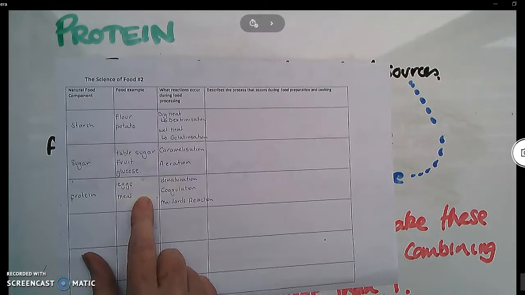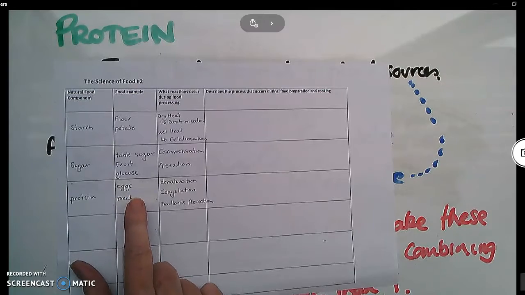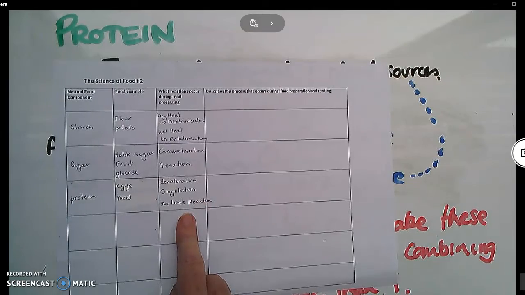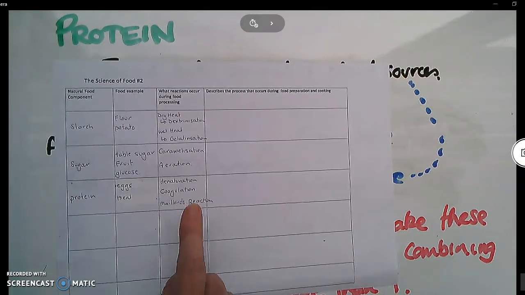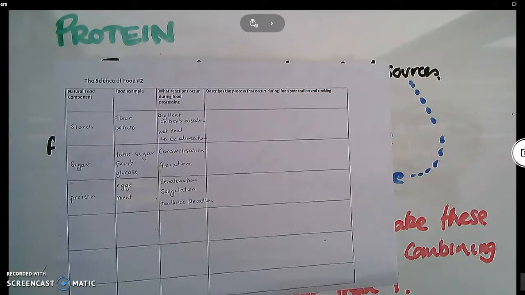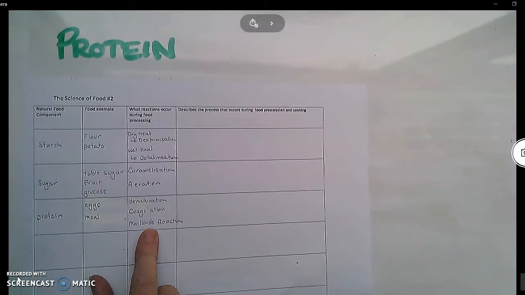I'm going to just focus on these two for this video because they're the ones that have the most functional properties. When we're looking at the functional properties, we're looking at denaturation, coagulation, and the Maillard reaction. Okay, so I'm going to focus on these three reactions that happen.